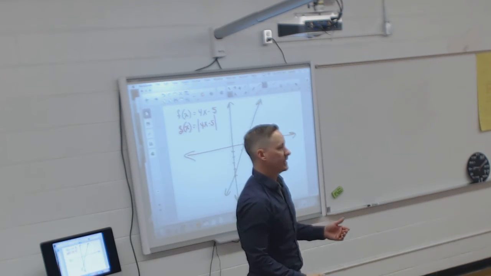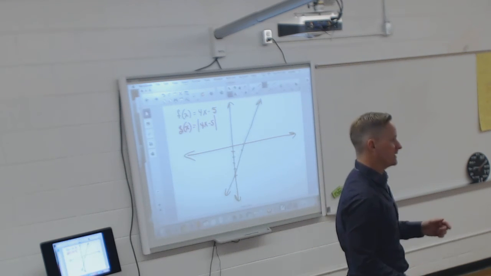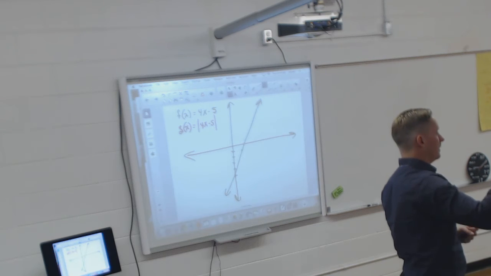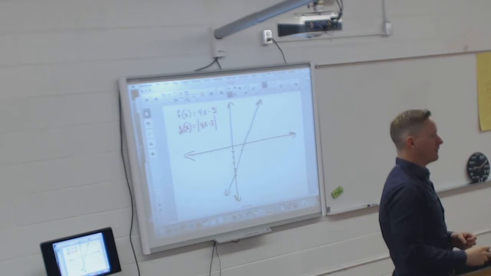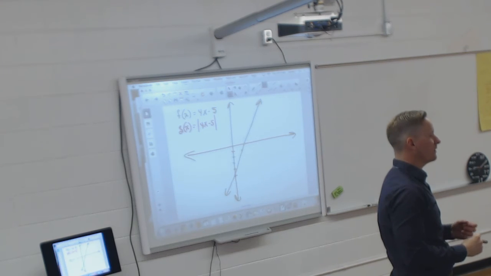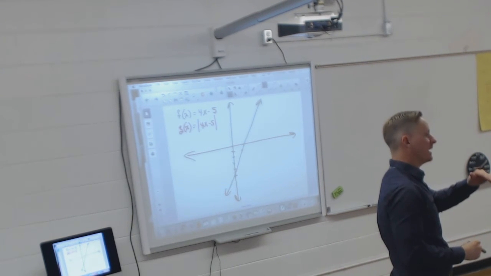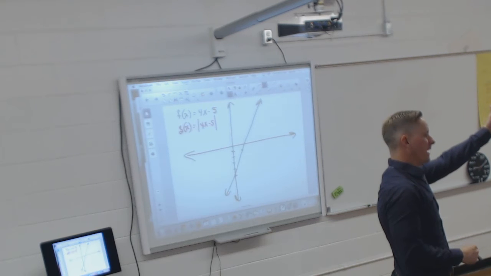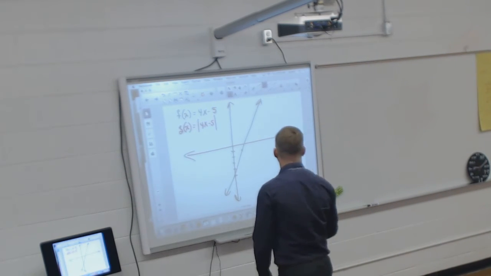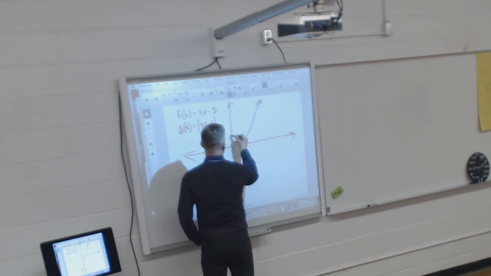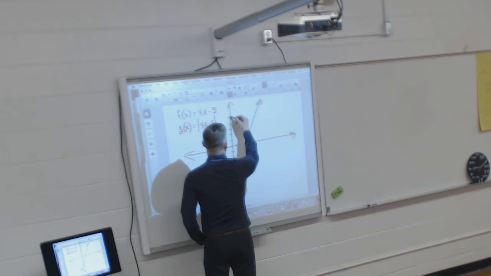So you have a choice here. You can put a table of values out there and then graph it, or I can just reflect it. When it touches that x-axis, it's going to reflect up. So 0 and -5 is going to become what? 0 and 5.